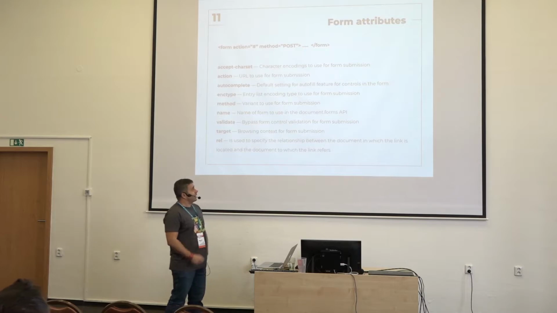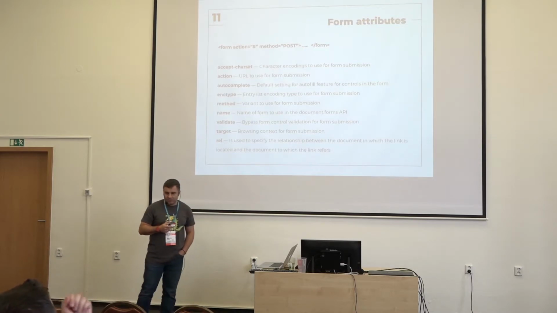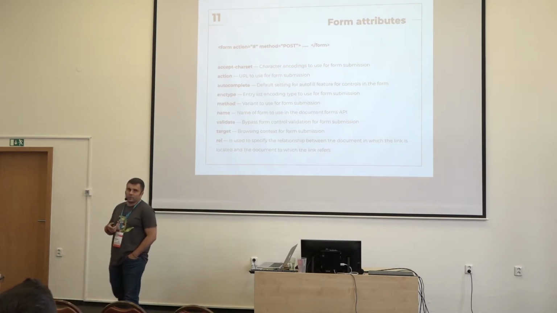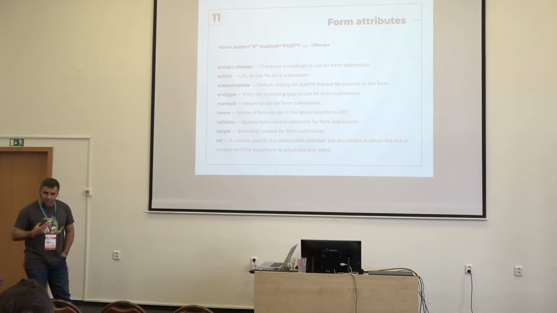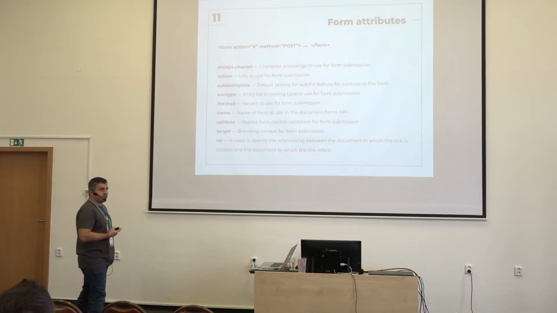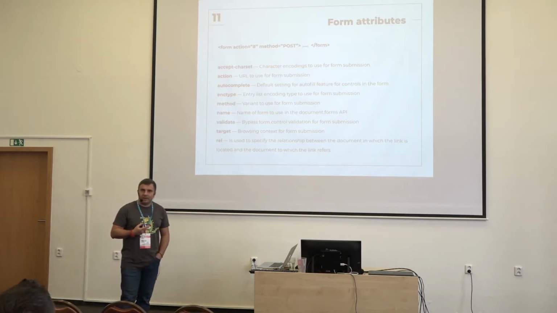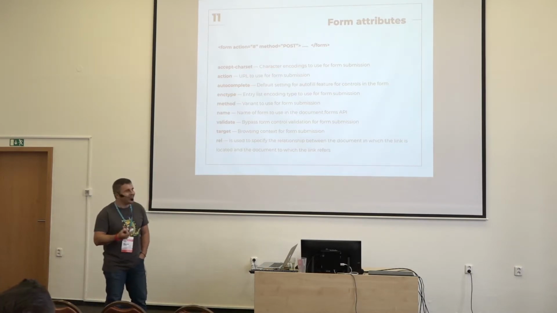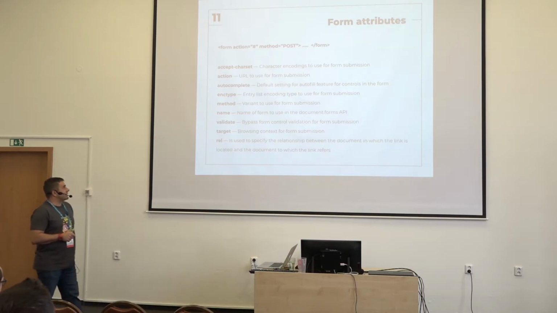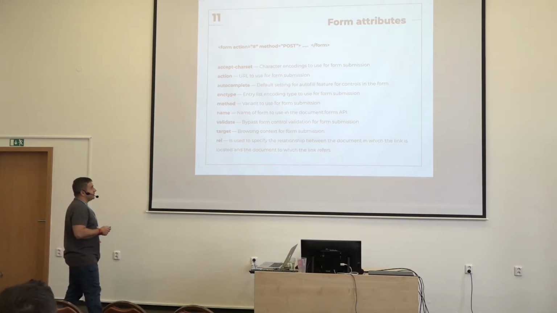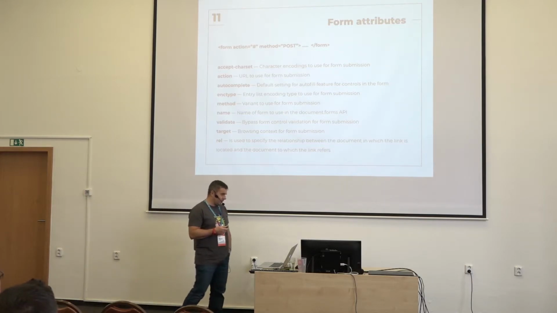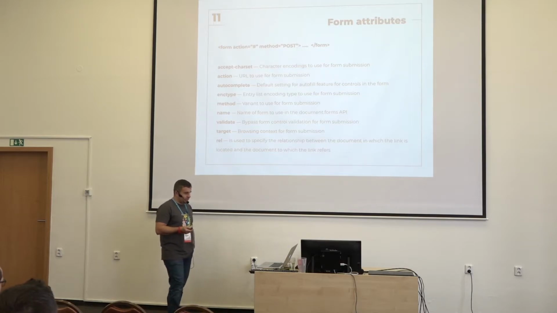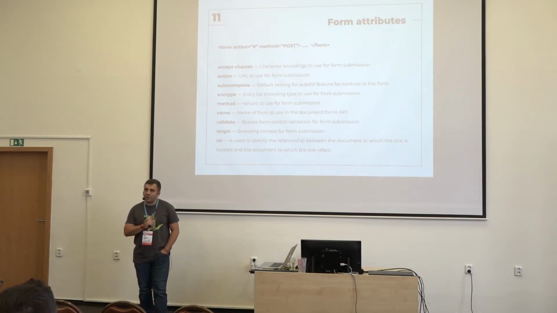Okay? And now, the rest of the attributes, because forms have a lot of attributes. The rest of these attributes are in a very short list, and I do this quickly because I think it may be boring for you. Accept-charset is the character encoding for form submission. Action puts the URL for form submission. Autocomplete is obvious. And enctype, this is quite important.